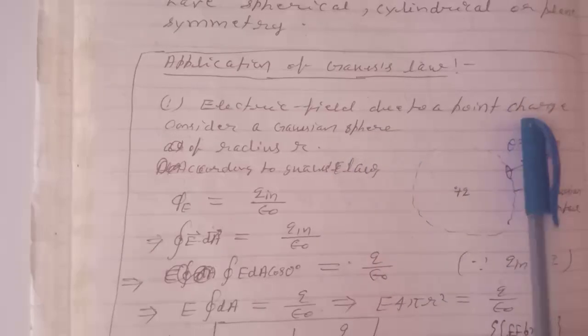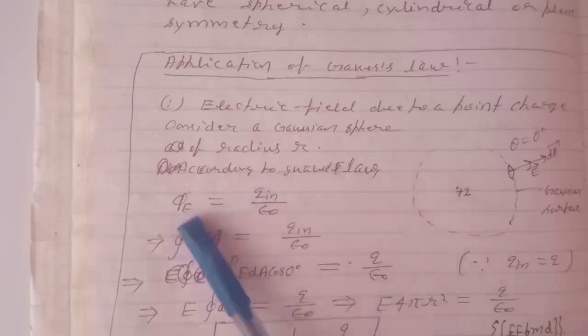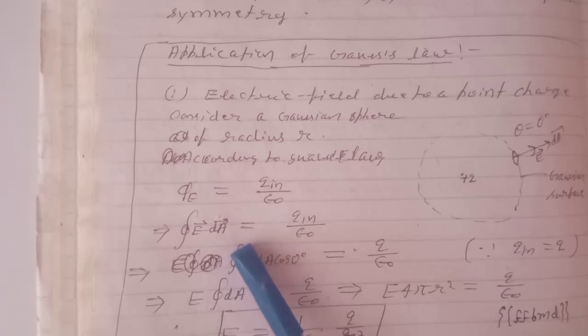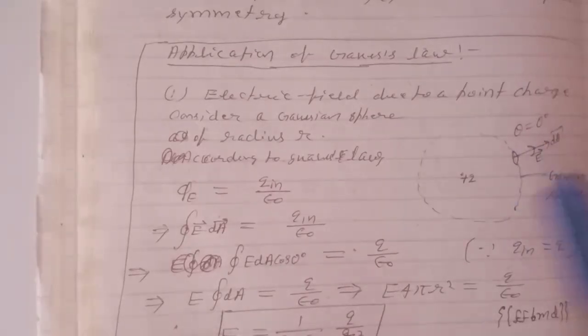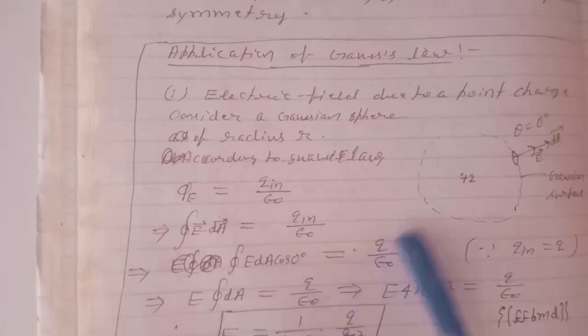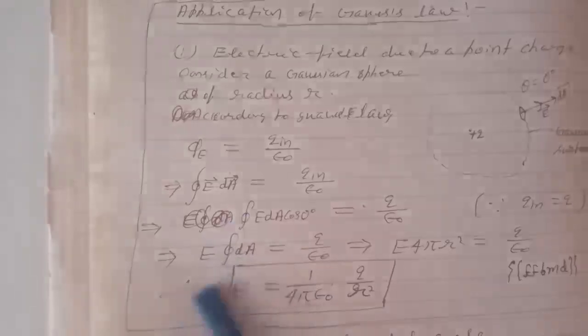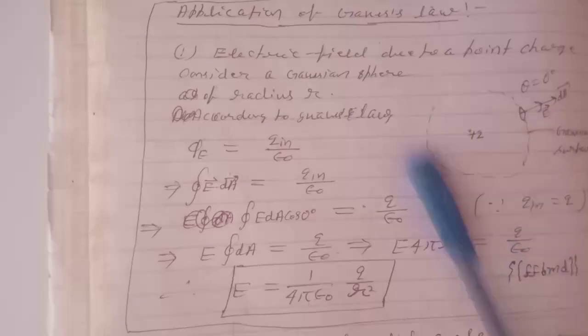Now, electric field due to a point charge: consider a Gaussian sphere of radius r. According to Gauss's law, phi equals Q in by epsilon naught. So the integral of E vector dot dA vector equals Q in by epsilon naught, and the integral of E dA cos 0, because the electric field and area vector are in the same direction, so theta equals 0. So cos 0 is equal to 1, and Q in is Q. This implies E times the integral of dA equals Q by epsilon naught, where the integral of dA is the total area.